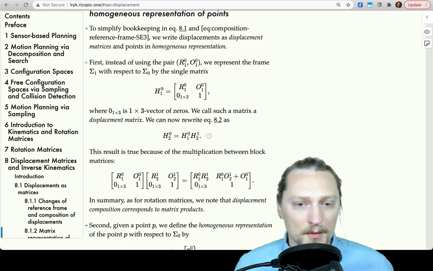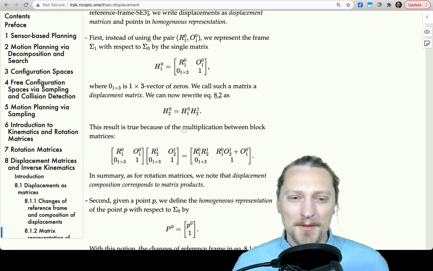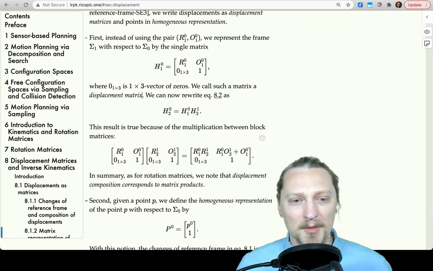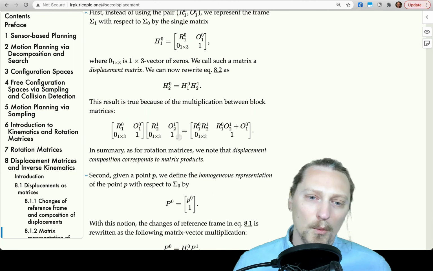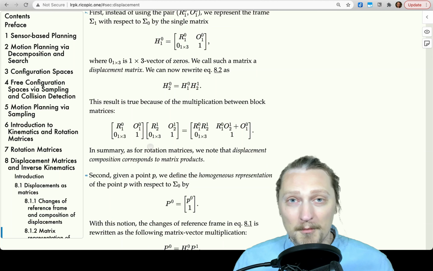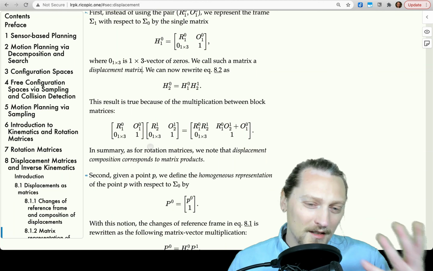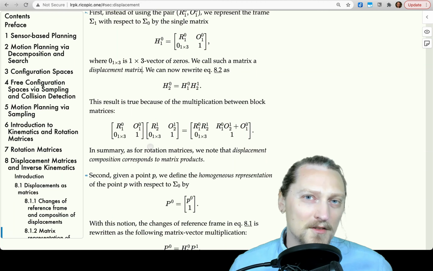Again, subscript, superscript matching. That's very intentional, and it helps so much to keep things straight. This result is true because the multiplication between the block matrices works out. So if you do the block matrix multiplication, which actually works just like regular matrix multiplication, where the elements are matrices instead of just scalars.